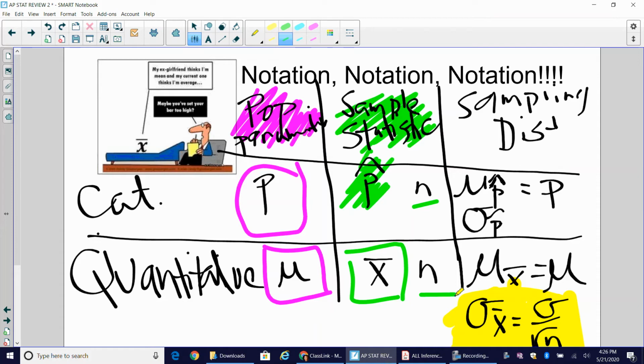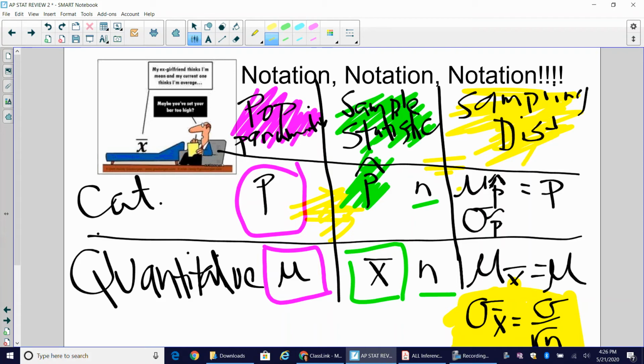And then lastly, if we take samples over and over and over again from the population, so I go from here to here multiple times, get lots and lots of samples, and I put all those samples together, what I get is called a sampling distribution. If I do repeated sampling of the exact same size n, and get P hat after P hat after P hat, and I put all those P hats together, what I get is called the sampling distribution.